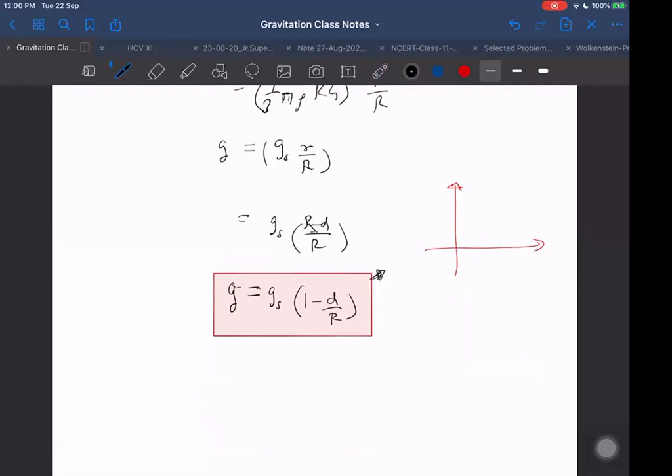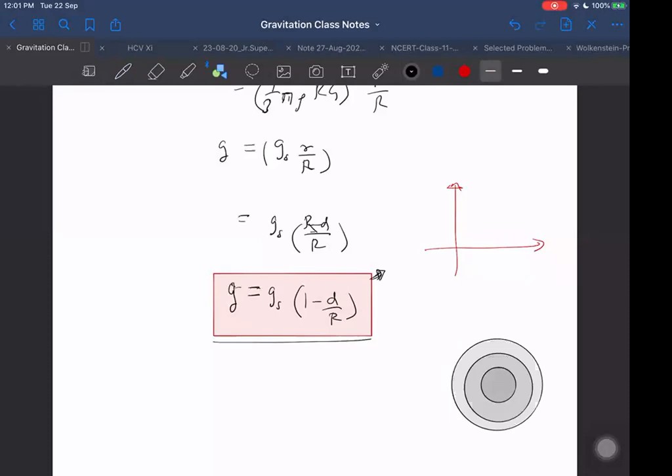So g is equal to g at the surface into 1 minus d by R. So it is valid only under the given assumptions. Let us say I don't give you those assumptions, and I say that the density of Earth is varying in a certain fashion. Practically, how Earth is made: it is made up of an iron core, and surrounding the iron core for a few kilometers there is some other material, a different layer, the mantle, and the core.